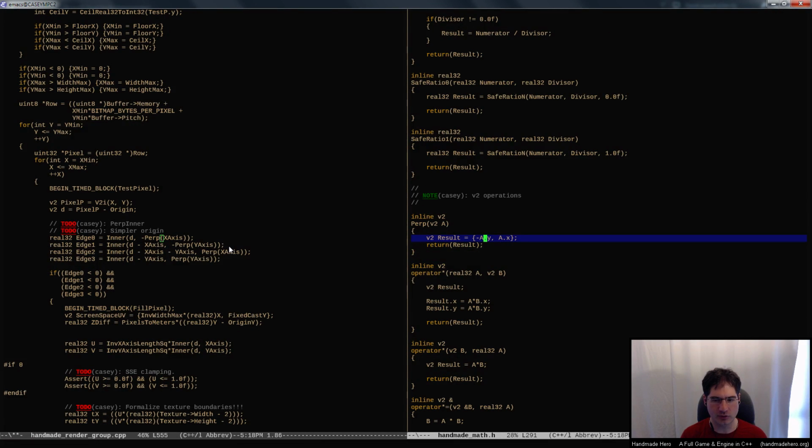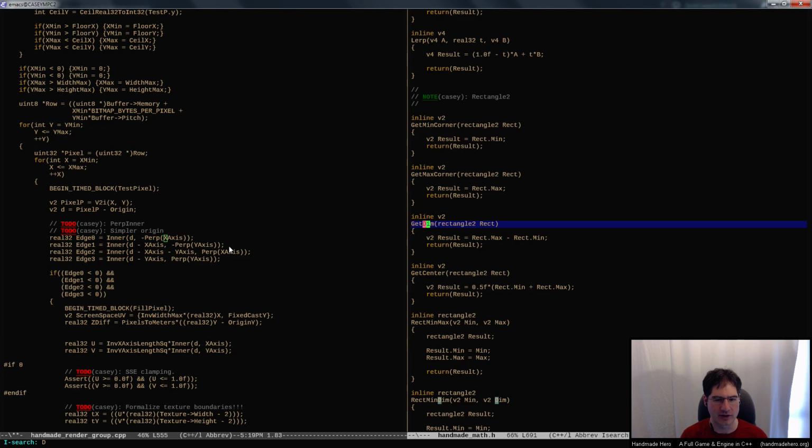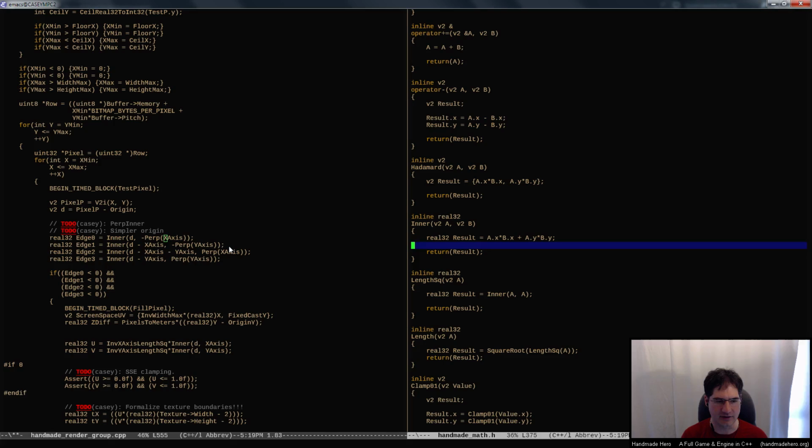It just swaps the two things and negates the y. So we know that the inner product of D with perp is the same as if we had written out that inner product like this.